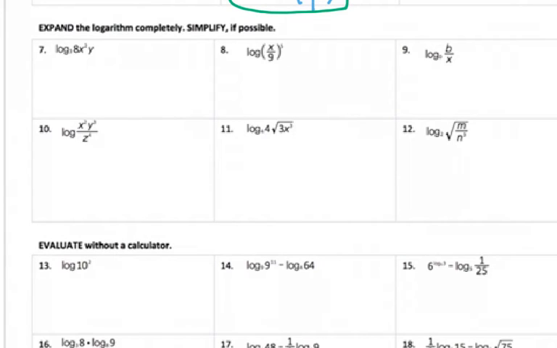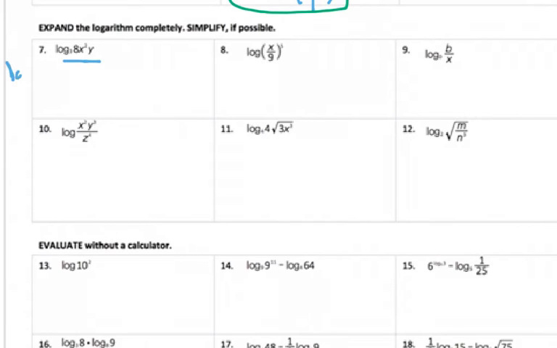So now we're going to expand, which is the opposite direction. We start with one term, and we're going to expand it. So I'll start with number 7. And we have the log base 3 of 8 times x squared times y, which means for each term we're going to separate them with pluses.